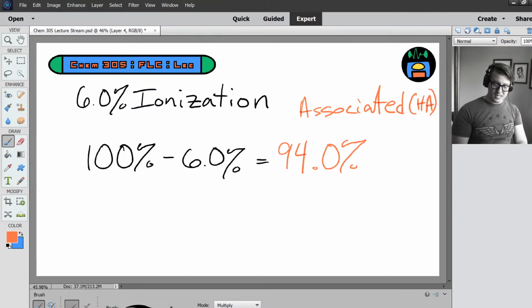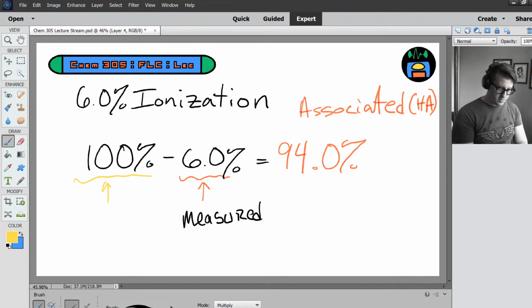Now you'll notice that this is measured. Your percent ionization is measured. But when you're subtracting it from 100, this guy right here is exact. So your 100% won't limit your sig figs. Your measured quantity does, and it is precise to the first decimal place.